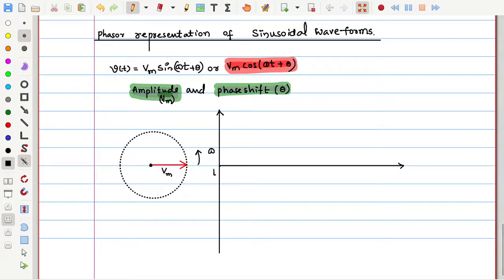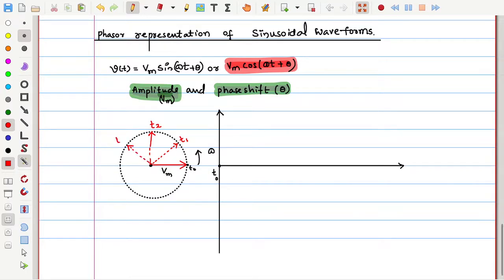The first instant is t0. When this red arrow moves over here, let us call this the t1 position. When that same red arrow moves over here, this is the t2 position, and so on.